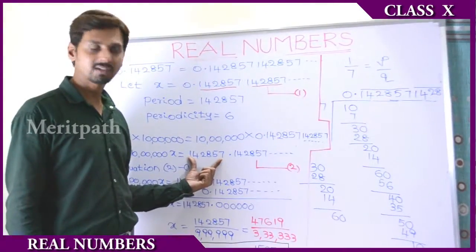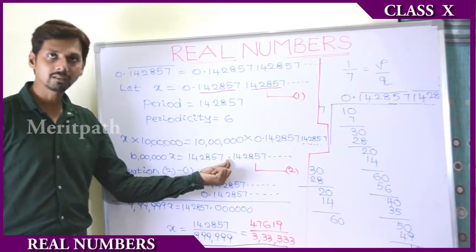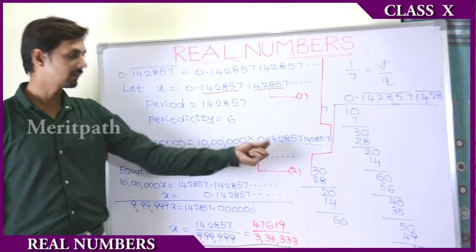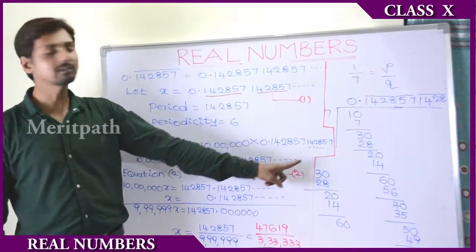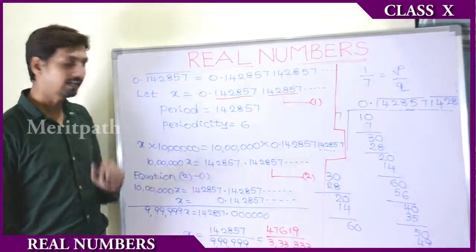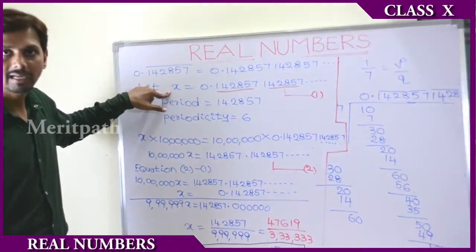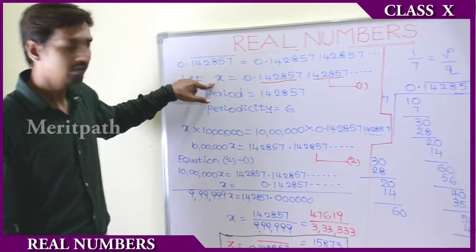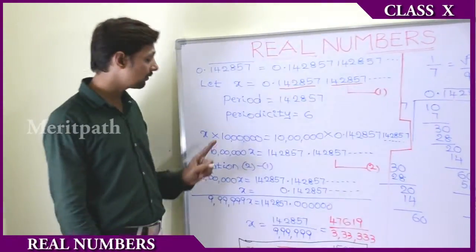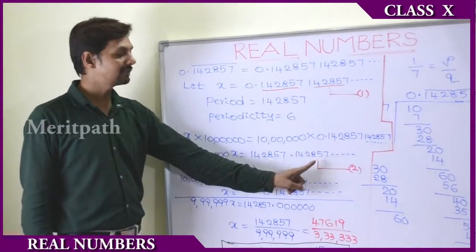Then we get, after multiplication, 142,857.142,857, and this continues, and so on. Left hand side is the same. What we have taken as x is the first equation. Then after multiplication of 10 lakhs, we get the second equation.